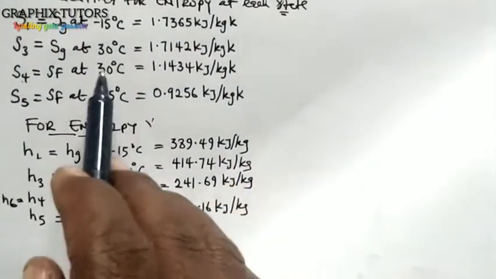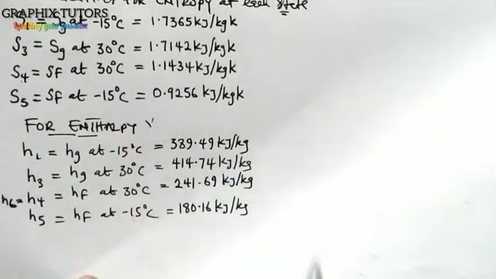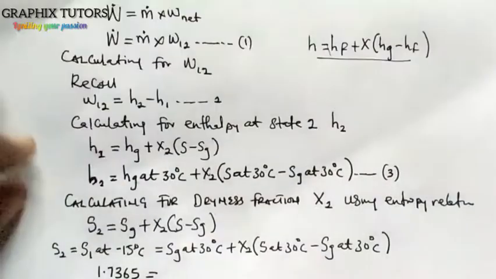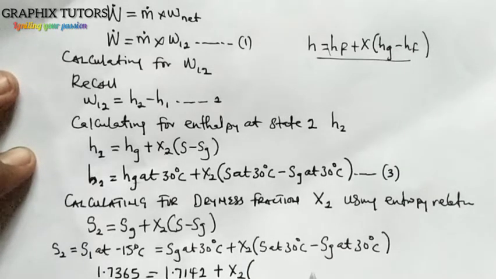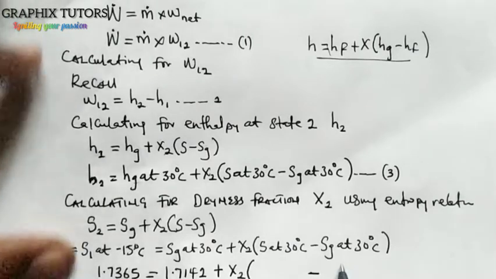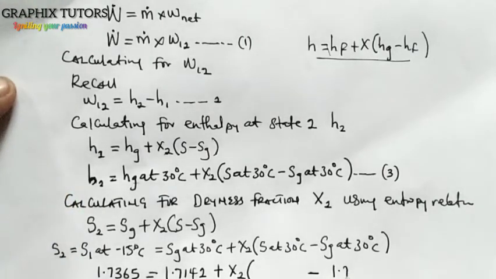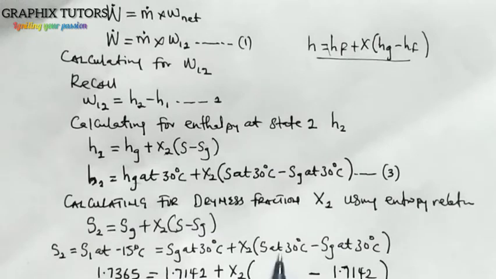This is Sg at 30 here, and that is 1.7142. So we have 1.7142 plus S2 into bracket. We don't know what this is, I'll leave a space for it first. Minus Sg at 30, which is also 1.7142. Now, what am I going to use here? This is S at 30 degrees Celsius, right? Now, we'll go to our steam table.